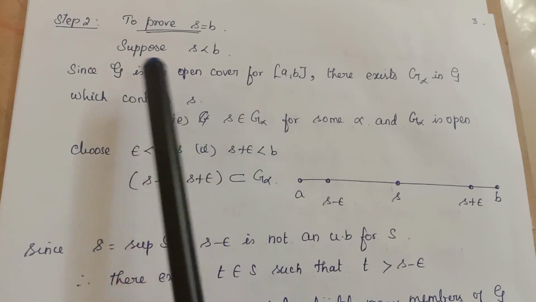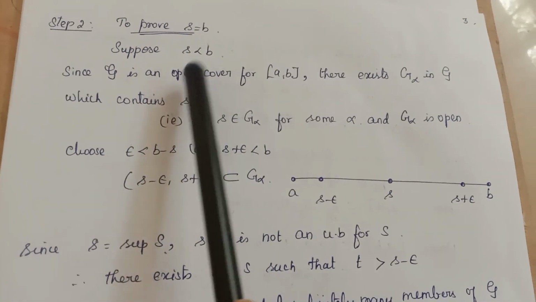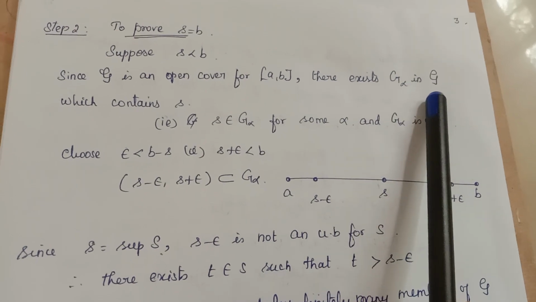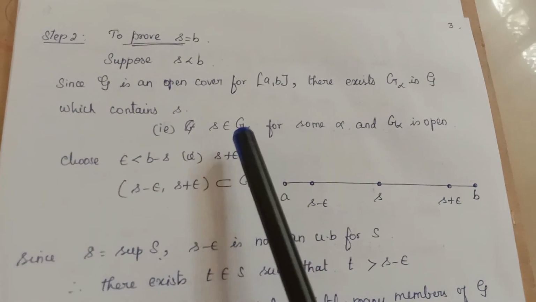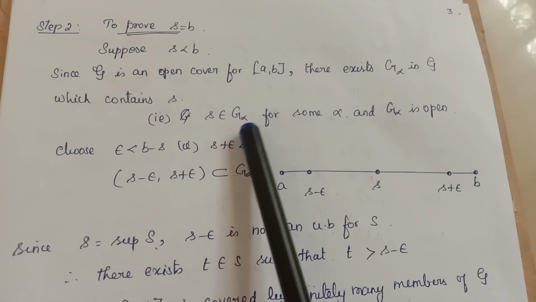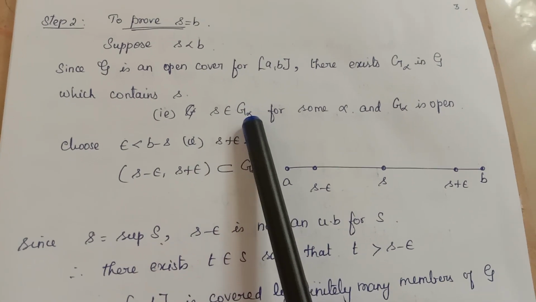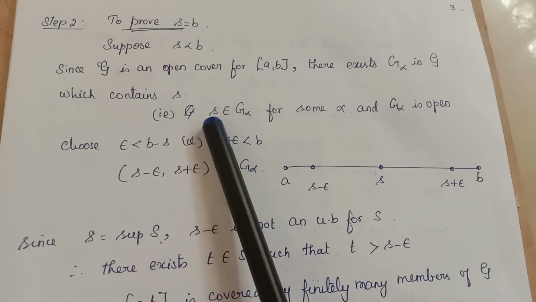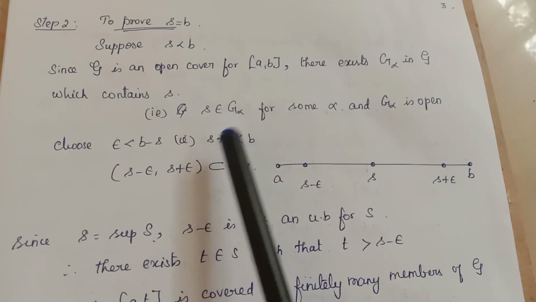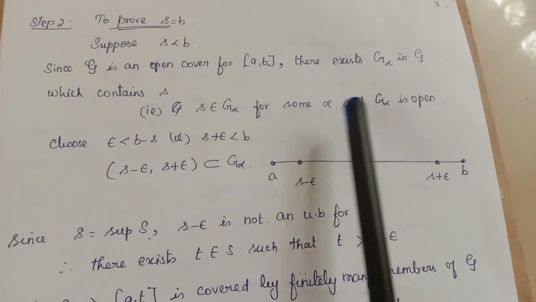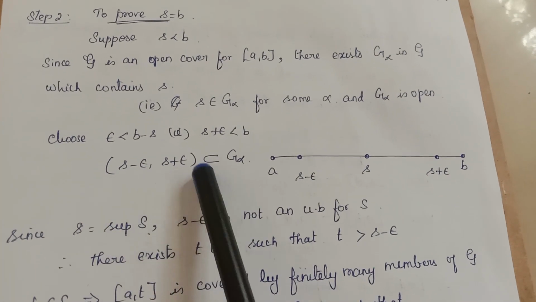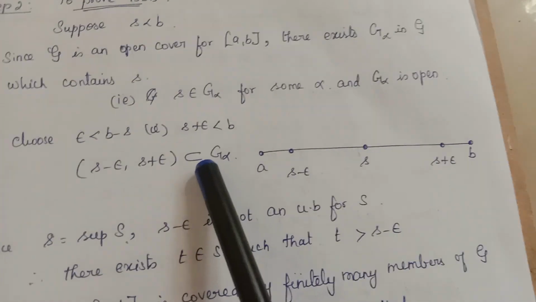So for this s also, since s is less than B, there exists an open set G alpha in the open cover, that is, s belongs to G alpha, and G alpha is an open set. What do we mean by open set? If a set is open, for every point in the set there exists a neighborhood completely contained in that set. Therefore s minus epsilon to s plus epsilon is contained in G alpha.